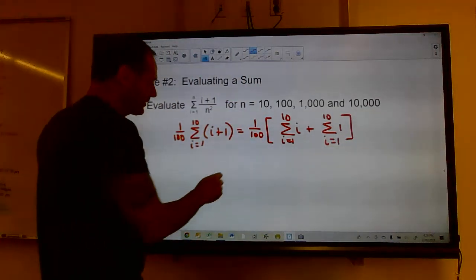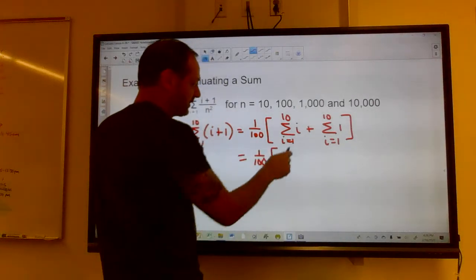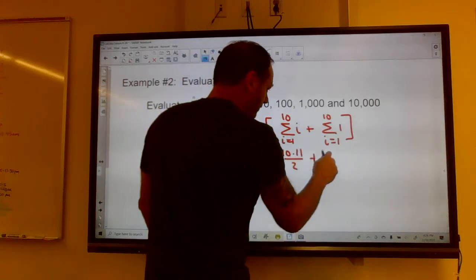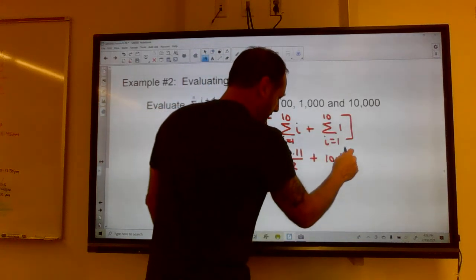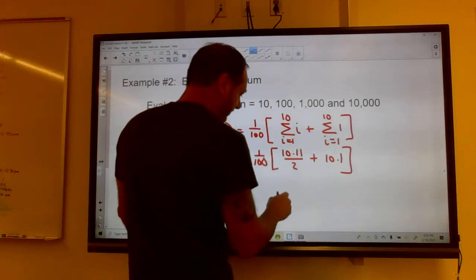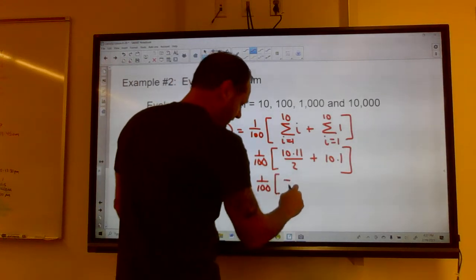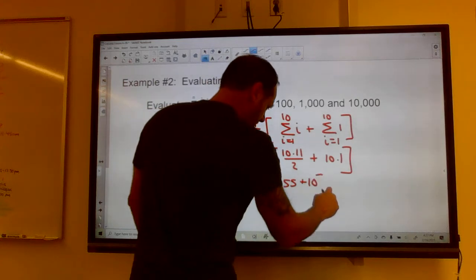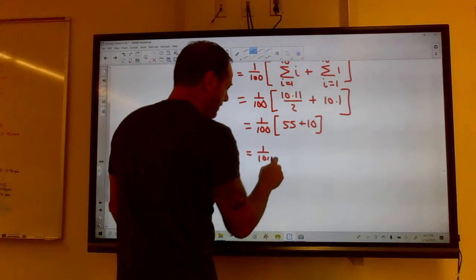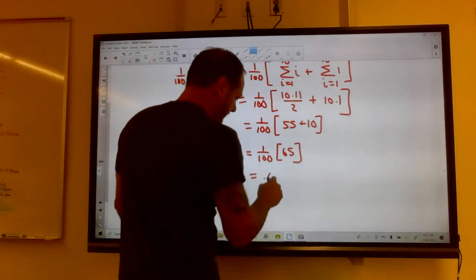So then this is equal to 1 over 100 times, this is the sum of the i's, so this is going to be 10 times 11 divided by 2 plus 10 times 1. So this is 110 divided by 2, that's 55. So this is 1 over 100 times (55 plus 10), which is 1 over 100 times 65, which is 0.65.